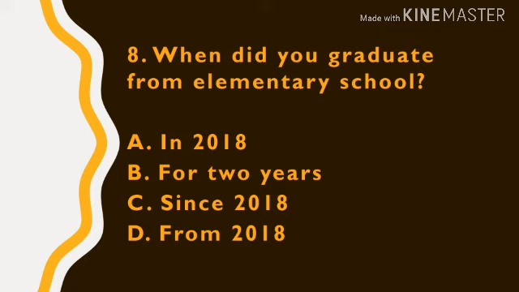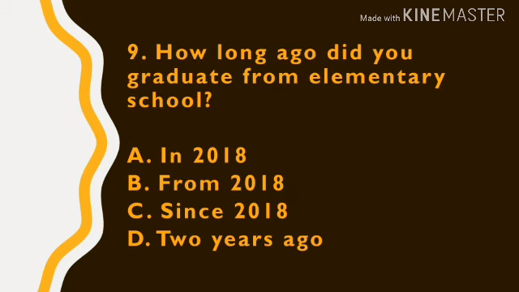Number 8. When did you graduate from elementary school? What's the answer? A, in 2018. B, for 2 years. C, since 2018. And D, from 2018. Number 9.